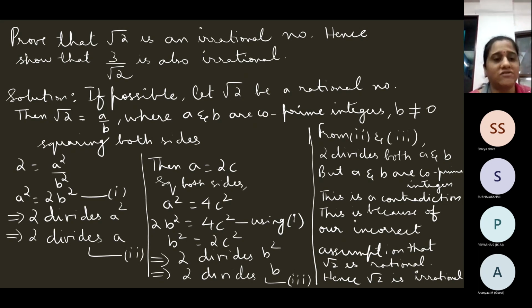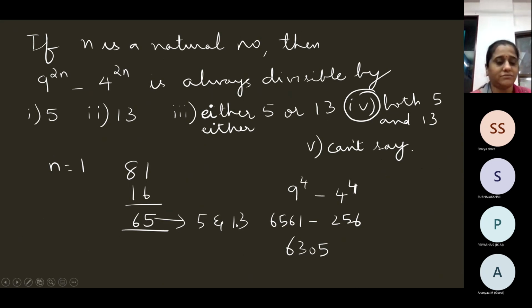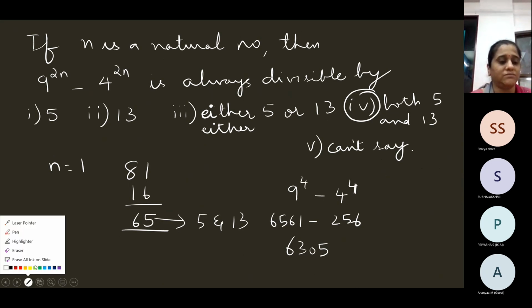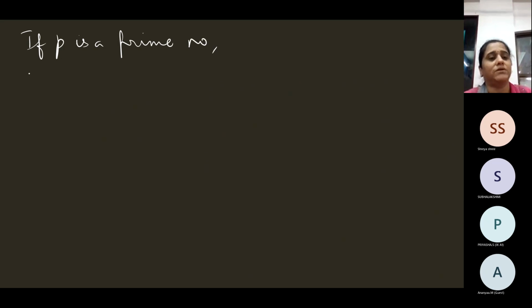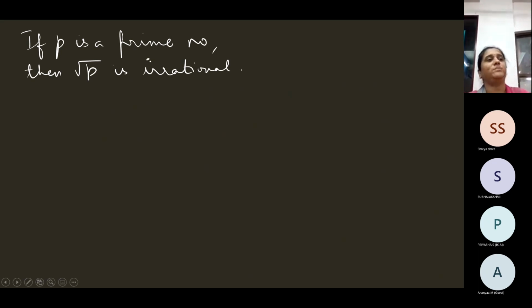Now the second part of the question, hence show that. Let me talk about that. This is a theorem: if p is a prime number, then root p is irrational.